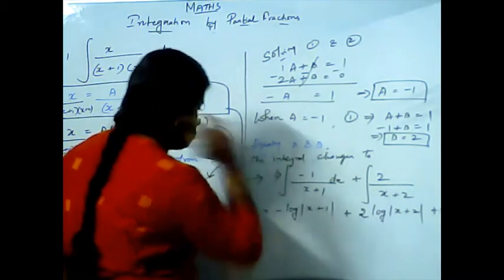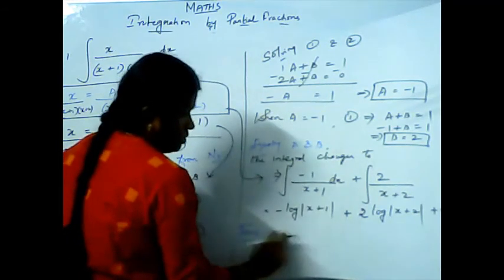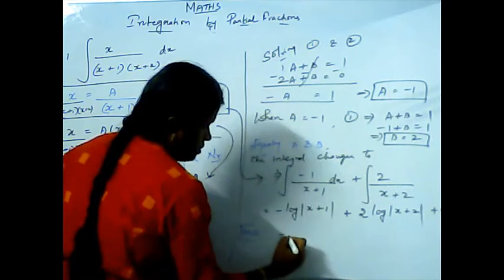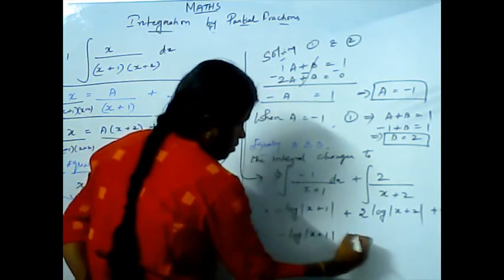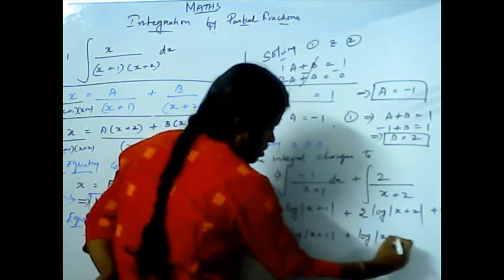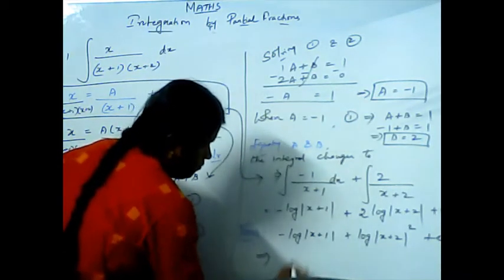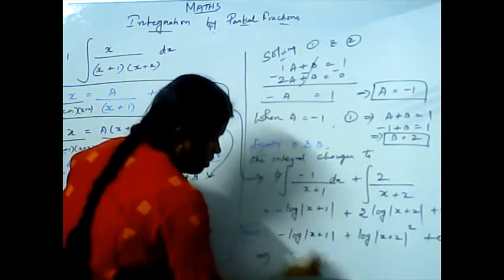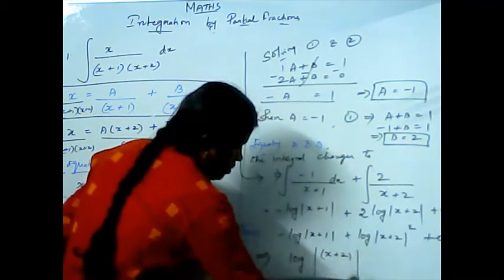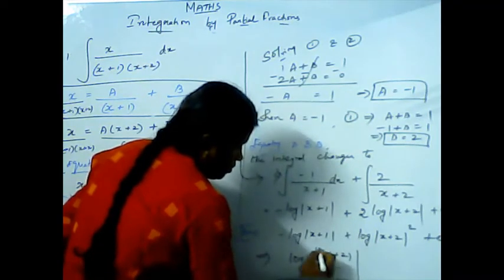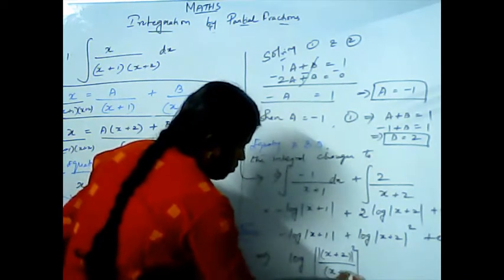If you want, you can raise it to the square, and you can write log A minus log B. This once again can be written as minus log of (x plus 1) plus log of (x plus 2) the whole square plus c, which in turn implies, since log A minus log B is log A by B, log of (x plus 2) whole square divided by (x plus 1).